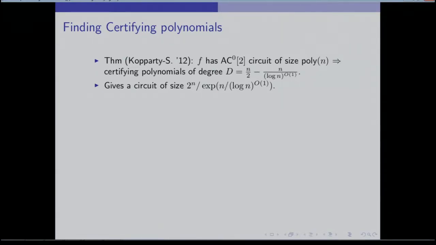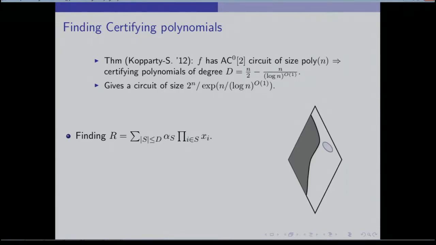And why is it that you can find these certifying polynomials? Well, it's not really hard to see. It's just solving a system of linear equations. So I want to find a polynomial that is certifying for my function. I know that there's a certifying polynomial of degree at most d. This theorem guarantees me that. So what I want is a polynomial which is 0 here and non-zero here. Imagine the process of just writing down this polynomial. So this is what the polynomial is going to look like. For every monomial of degree at most d, there's a coefficient.